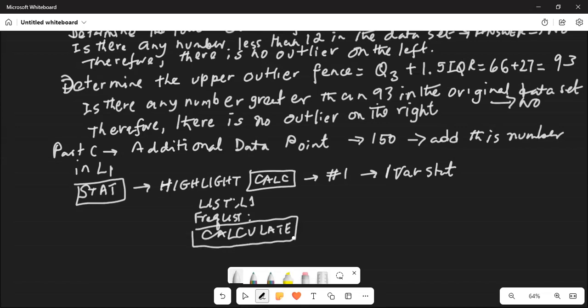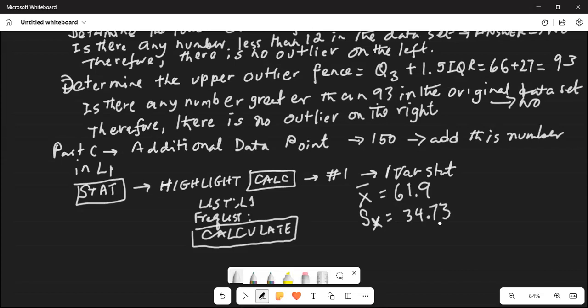Okay. Now the sample mean x-bar has increased from 52 cents to 61.9 cents. And what about the standard deviation? There is a significant increase in the standard deviation. Previously it was 16.707. Now it is 34.73.